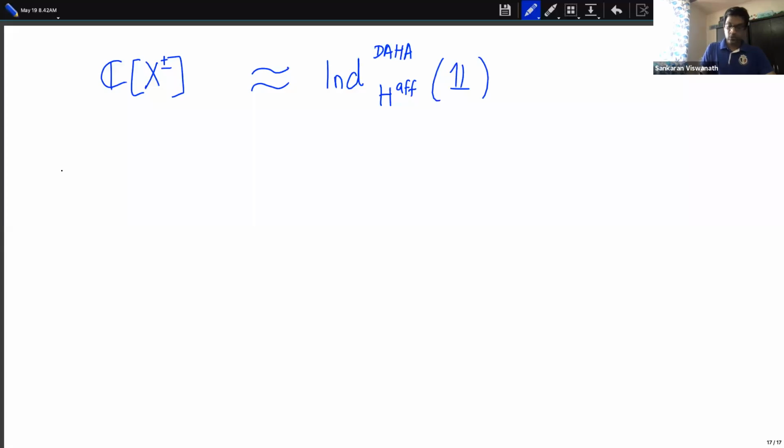And recall also from what Raghavan said that we know how the g's and ti's act. So we want to know how the AHA acts on this. In other words, you want to know how ti's and g act. So the g action is given as follows.